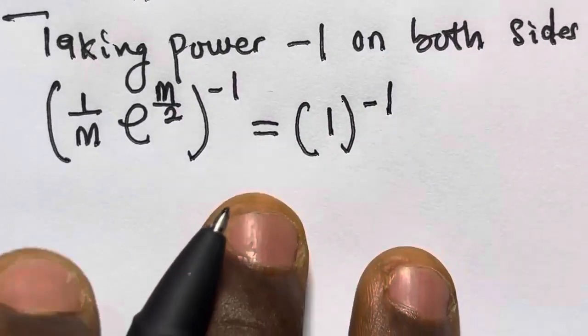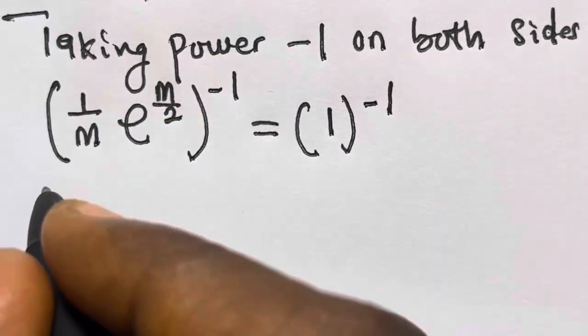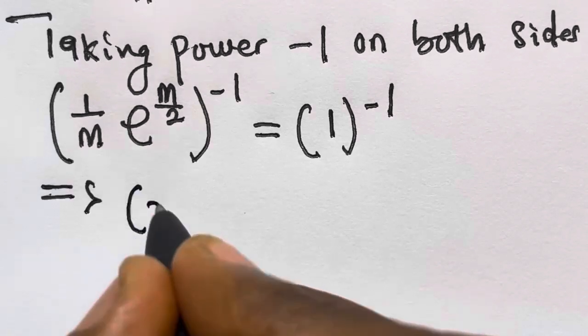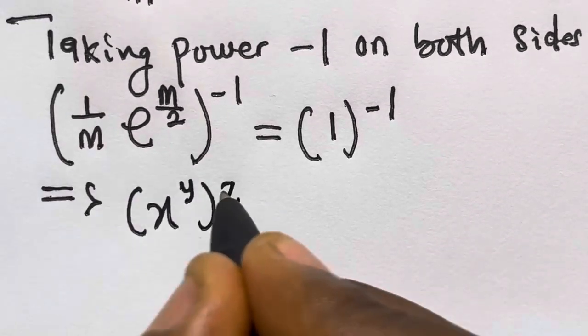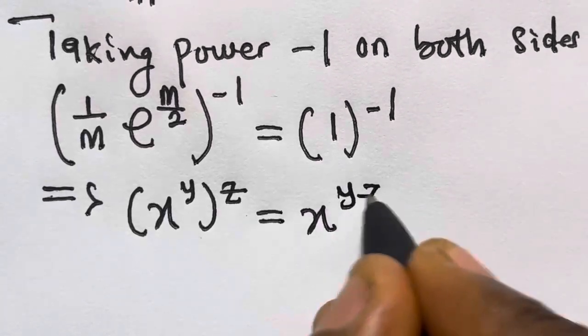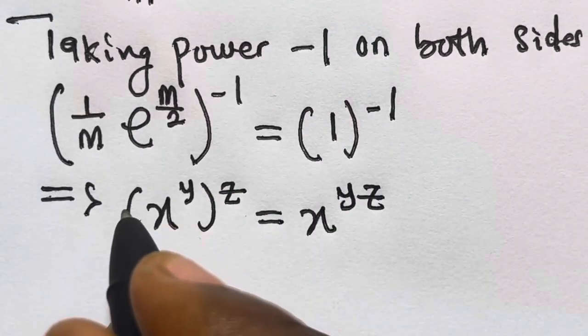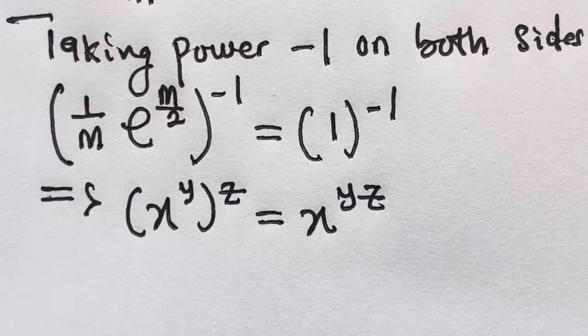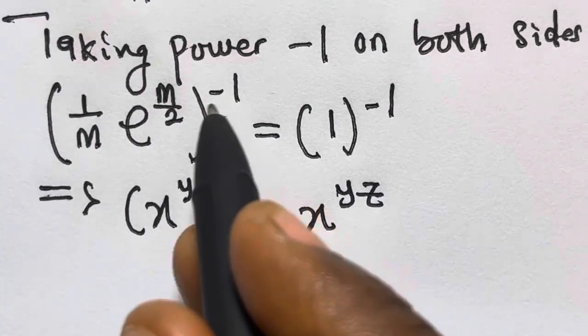So what will this become? But before that, let's remember that I said earlier that whenever we have x raised to power y raised to power z, we have to multiply yz, right? So now for this, we have to distribute this minus 1 to this.